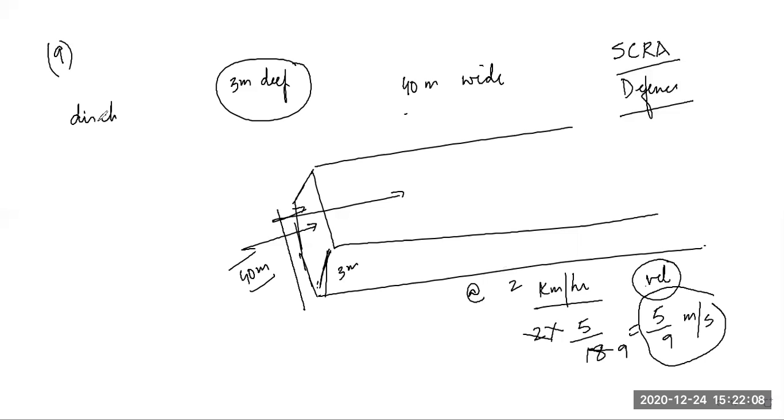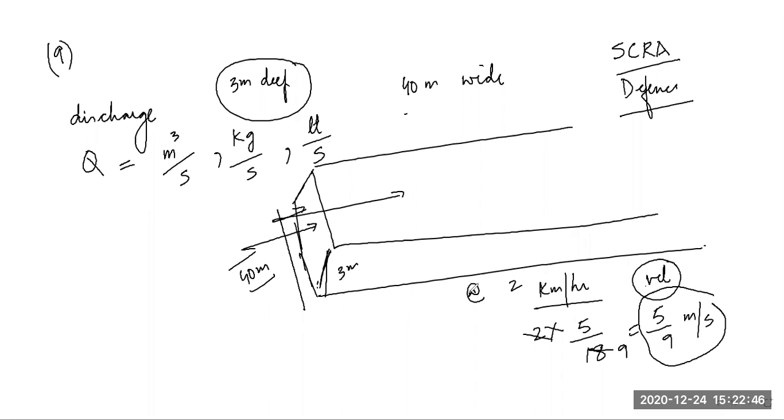Whenever you talk about discharge, discharge means Q. Discharge can be measured as meter cube per second, or kg per second, or liter per second. All are the units of discharge. Discharge means how much of something is flowing out in a given amount of time.